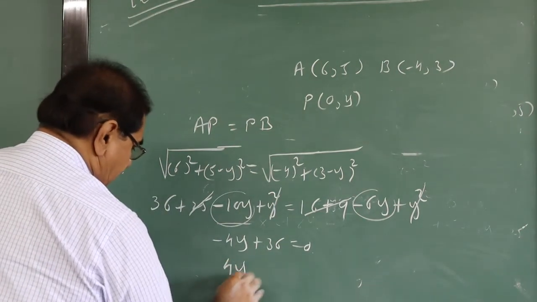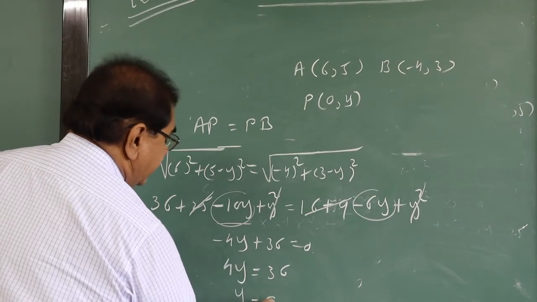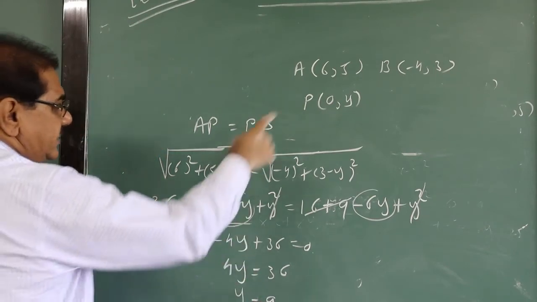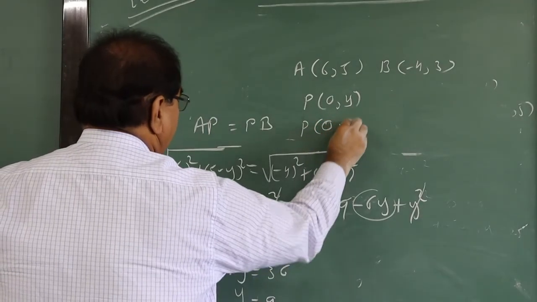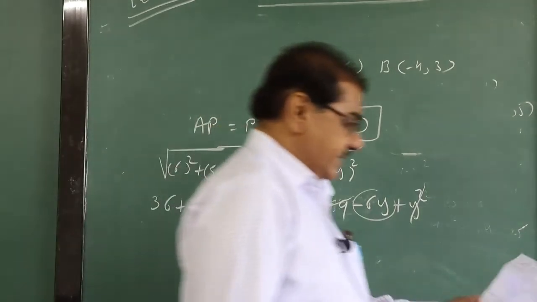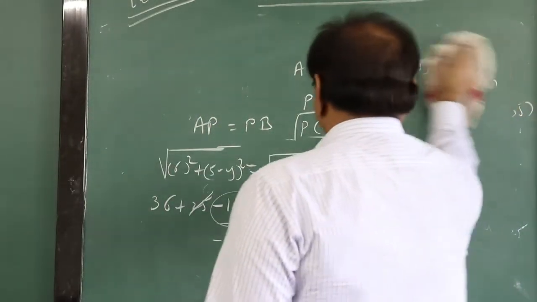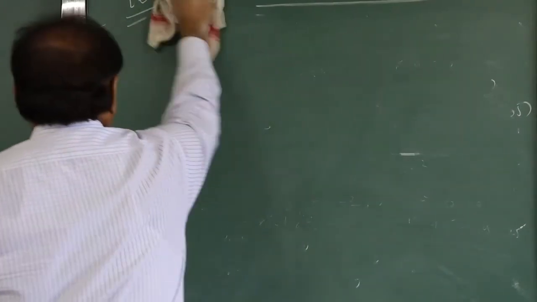So I can say 4y is equal to 36, y is equal to 9, since 4 nines are 36. So the point P has the coordinates (0, 9). It is your answer. So this is how you can find the required point.